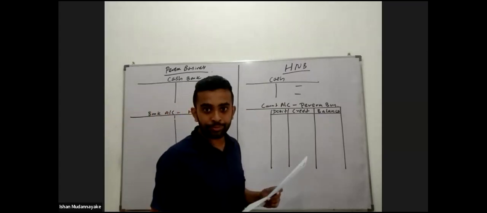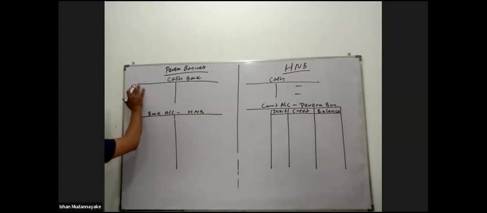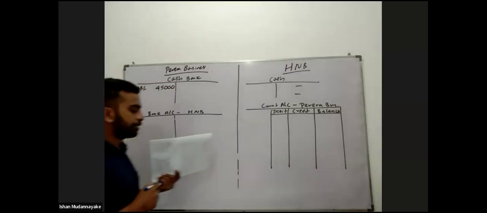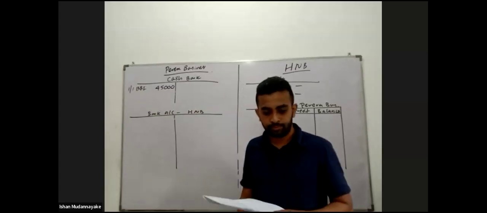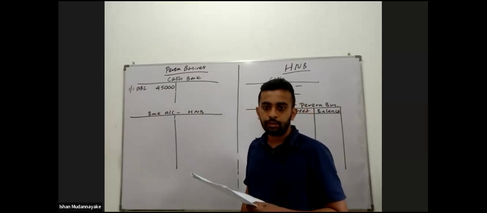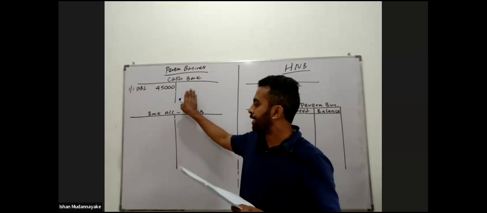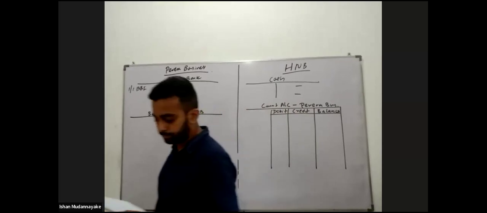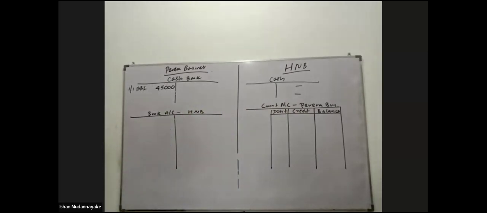Opening cash balance. Cash book balance brought forward 45,000, the opening cash balance of the business organization. Quickly write down: 1st January cash book opening balance 45,000.